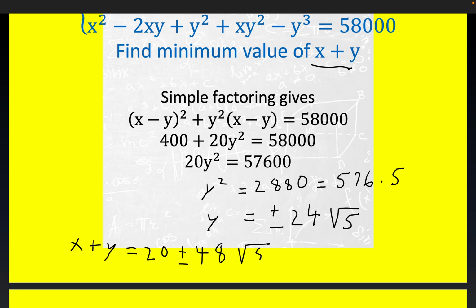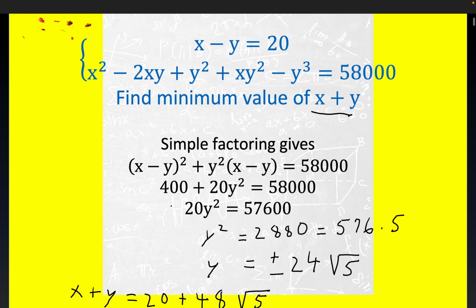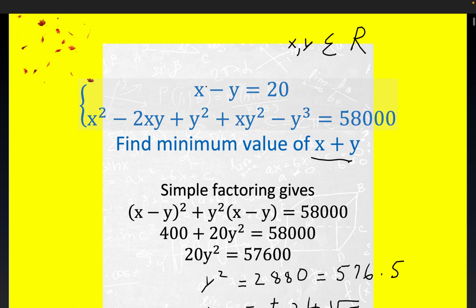Now there's more than one way to think about this. I would tend to look at it like you have x minus y right here, so x plus y is equal to 20 plus y, is the way to look at that. Okay.